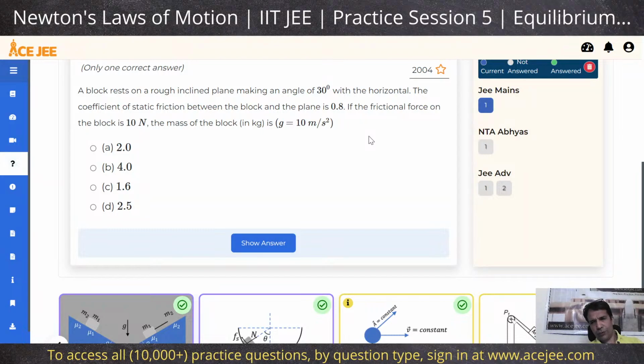Let's start with the 2004 question, JEE. Well, there are no 2 blocks in this scenario. This should have been in the previous question type, but that's okay.